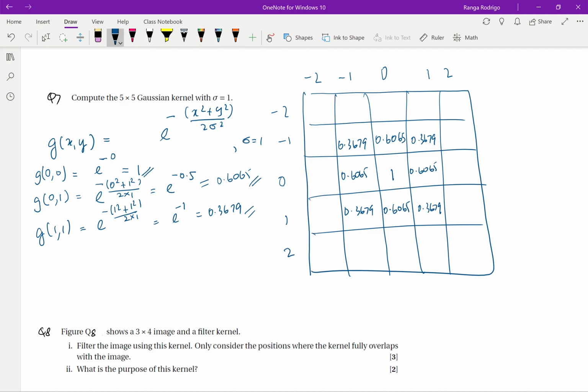Then if you take a location like this, once again one index is 0, the other index is 2, therefore you will get e to the power of minus 2. So for example, take 2, 0. Same number.